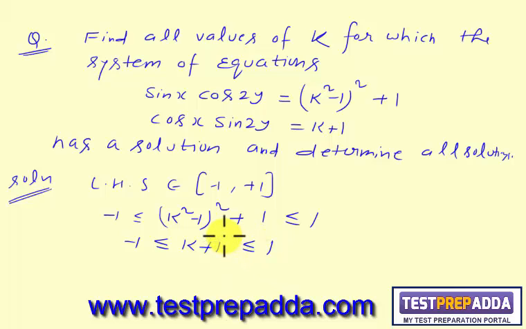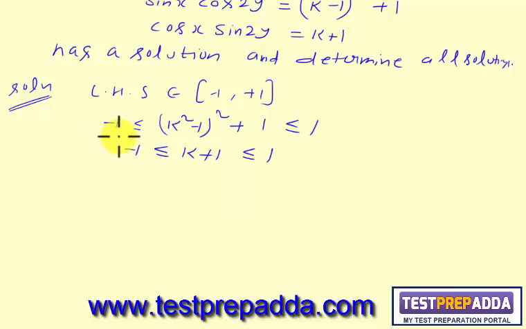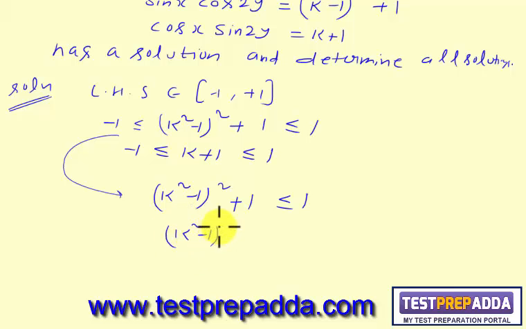If I consider the first one only, I can write easily that (k square minus 1) to the power 2 plus 1 is less than or equal to 1. It's a positive quantity. So (k square minus 1) to the power 2 is less than or equal to 0.